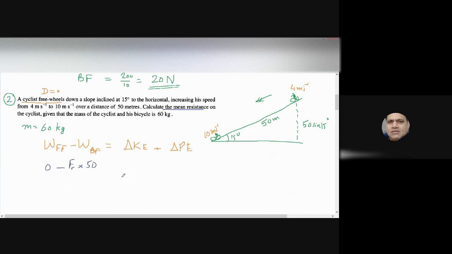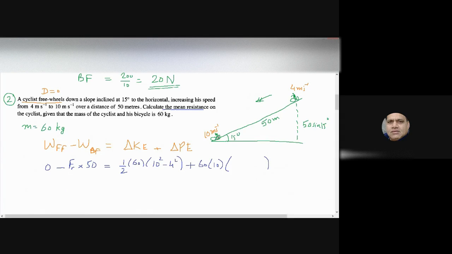Okay, so then this will be equal to half m into final speed square minus the initial speed square, and then plus m into g into h final minus h initial.